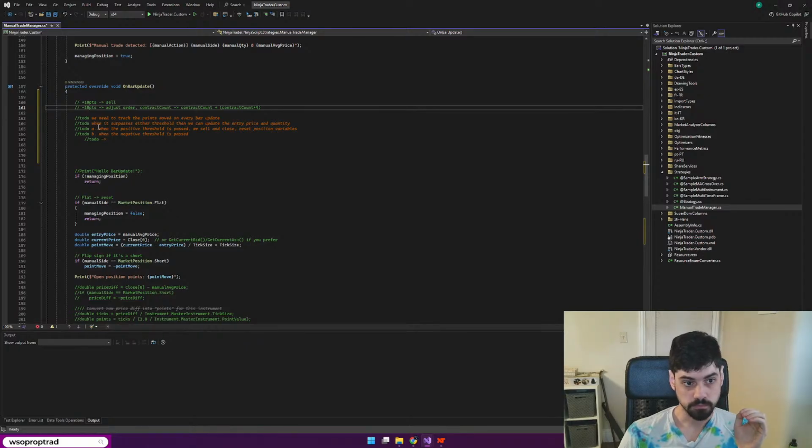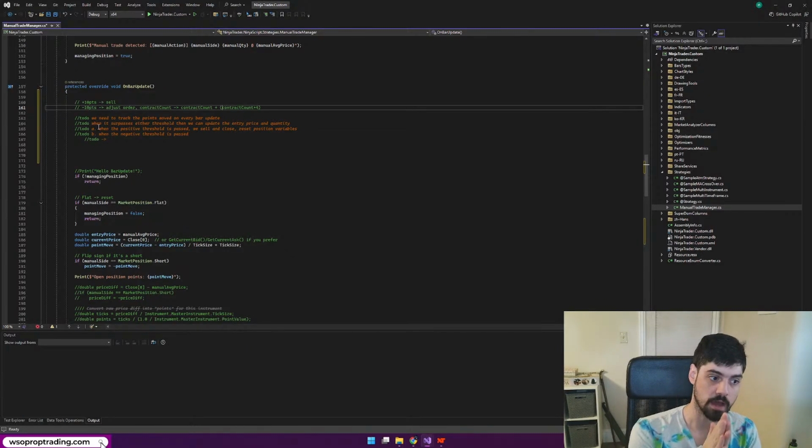If it goes down 10 points, we look at the contract count that we have. So if we start with 1, it goes up 10 points, we sell. It goes down 10 points, we have 1 contract. We're going to then adjust it to contract plus contract times 4, right? So it goes from 1 to 5. So from there, we're at 5 now.